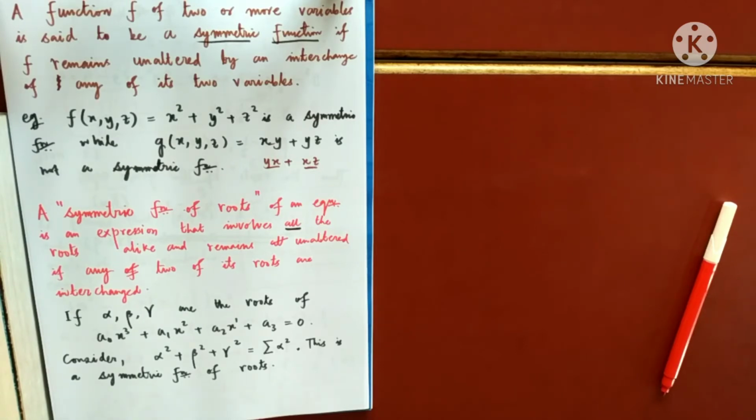But without actually knowing the roots, you can also find the symmetric function of roots. So this is what I will do today. Without actually finding the values of the roots, we can find the values of the symmetric function of roots. So let me take examples.